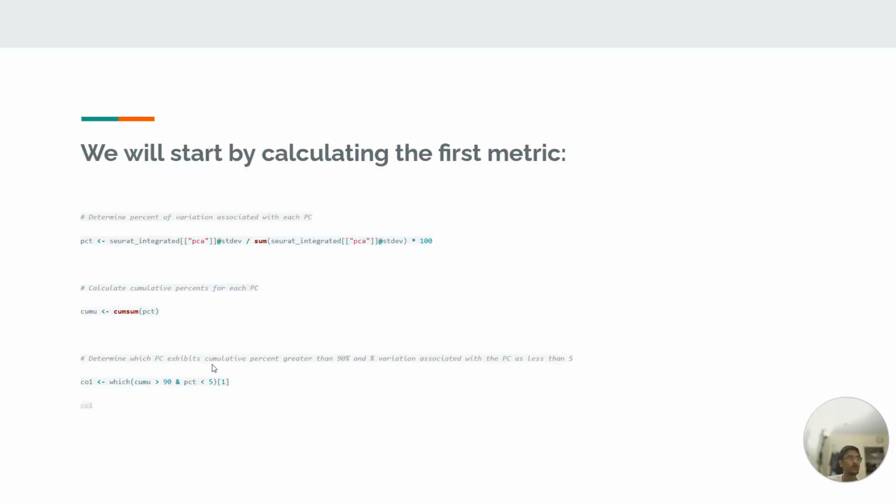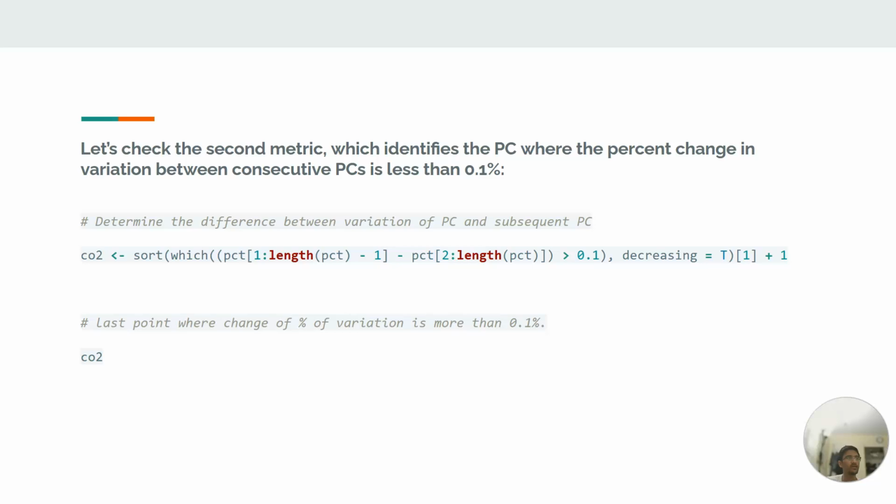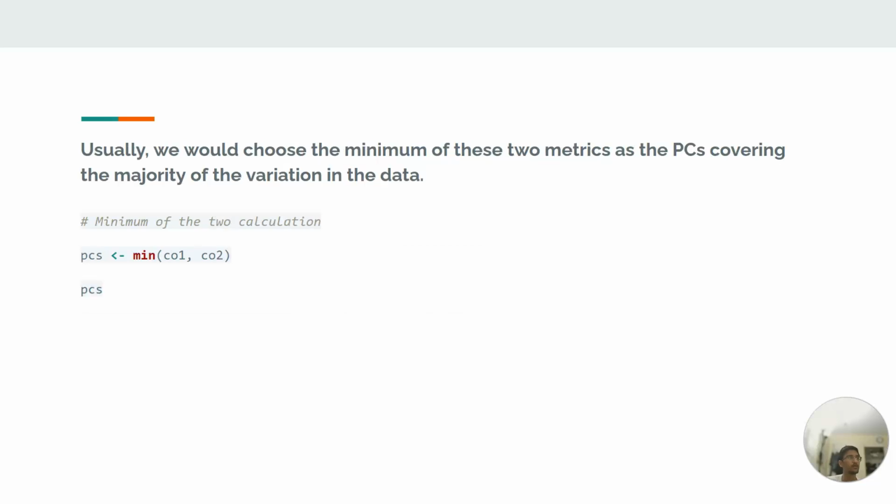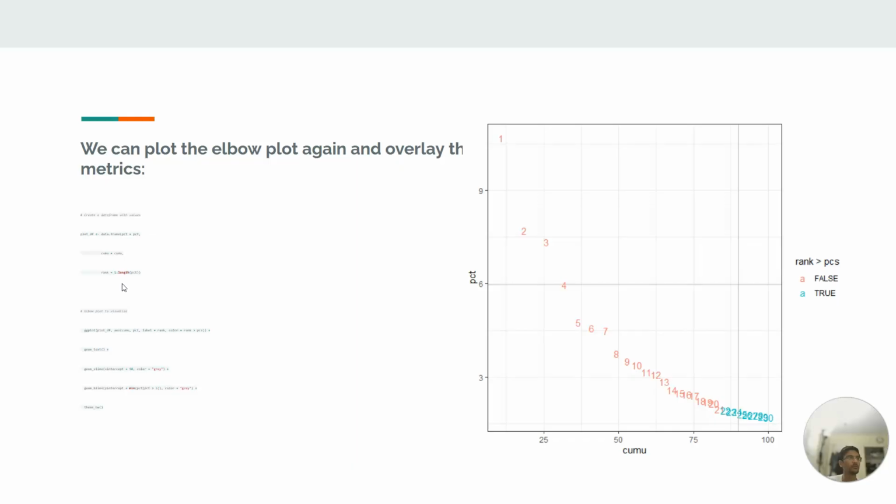Now, we got co1 in this slide and co2 in this. What are we going to do with this? We're going to find the minimum of these 2, and that value is what's going to cover the majority of the variation in our data. And once you type pcs in your RStudio, that should give you your value. Right, and this is what it looks like once you plot again.